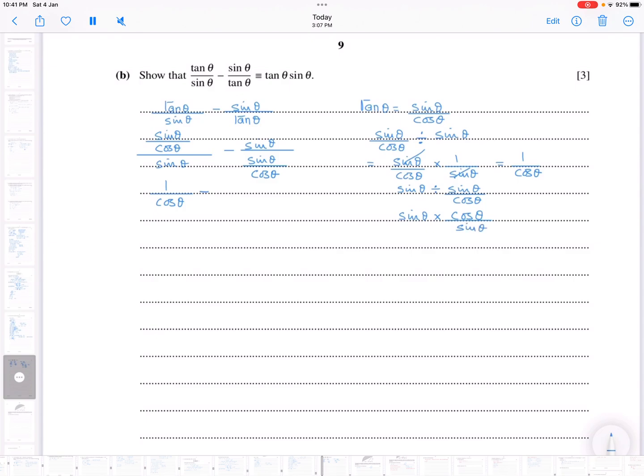Divide changes into multiply, and sin over cos will change into cos over sin. Sin and sin gone, just cos of theta is left. So here we can write cos theta here. So 1 minus cos square theta over cos of theta. I am taking the LCM here.